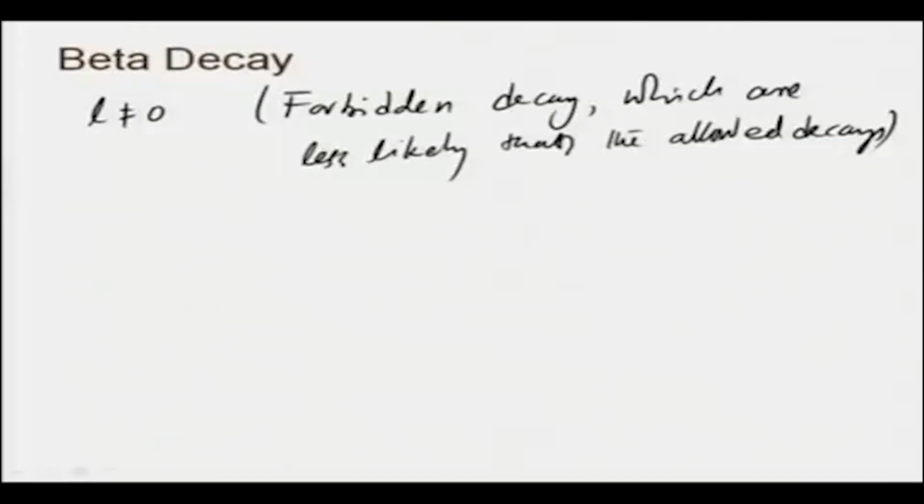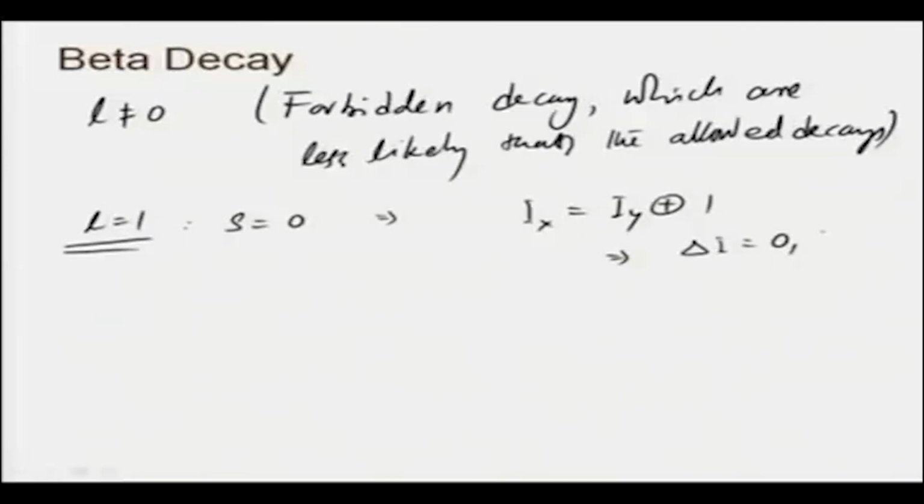So, let us say case 1, L equal to 1, and let us consider in that S is equal to 0. Okay. So, that will give you delta I equal to, alright, let me take the angular momentum relation, I x is now equal to I y plus 1. Again, like the earlier discussion, delta I is equal to 0 or 1.